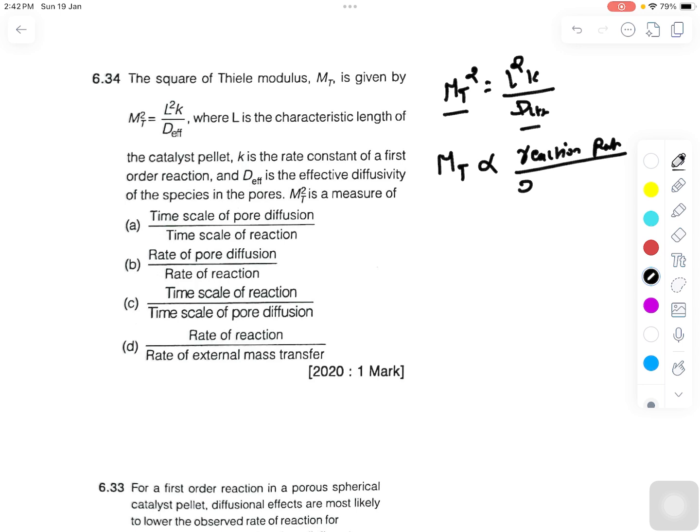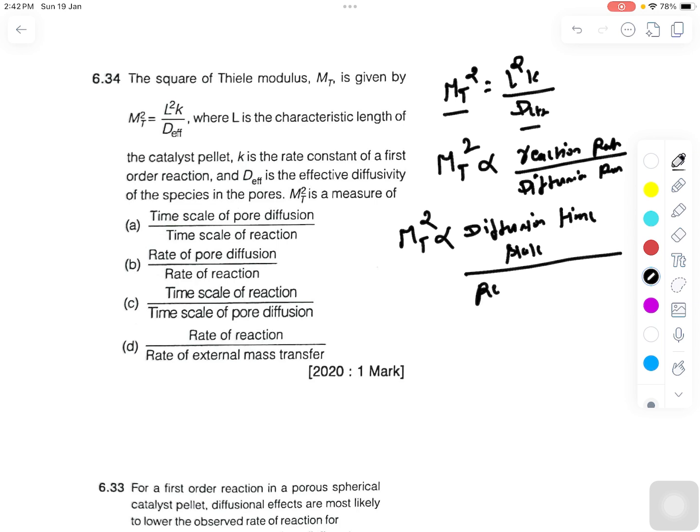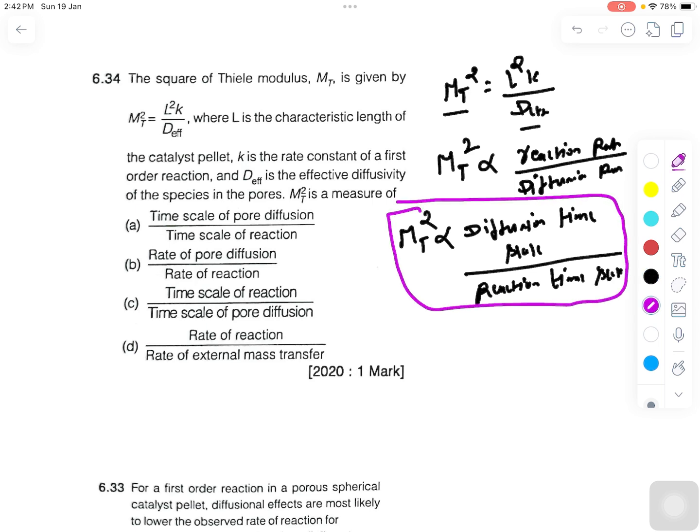Reaction rate divided by diffusion rate, and since rate is inversely proportional to time, directly we can write MT square will be directly proportional to the diffusion time scale divided by reaction time scale. Is that clear? This will be your answer.